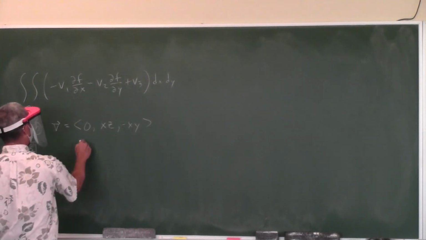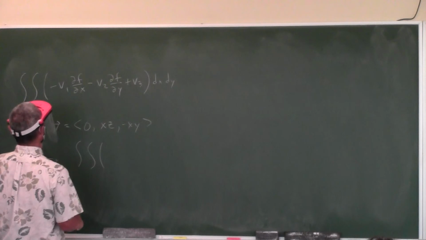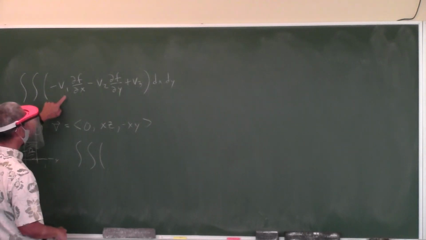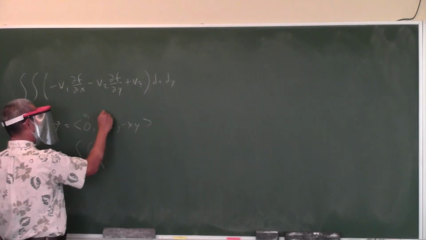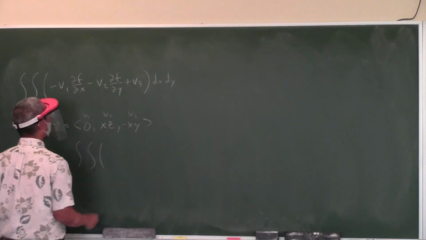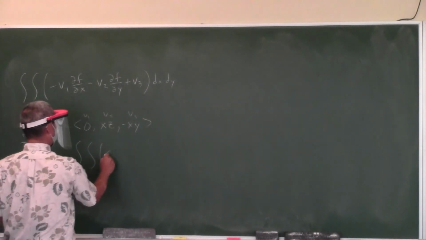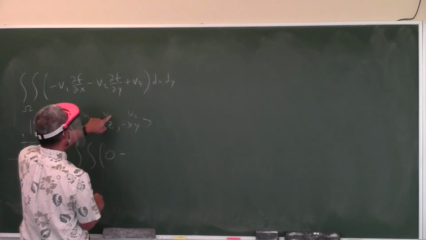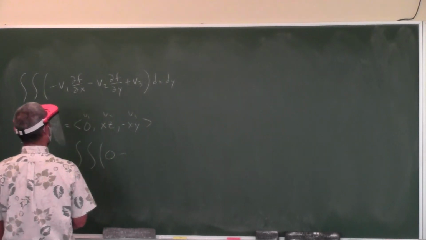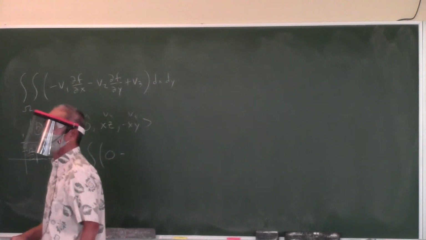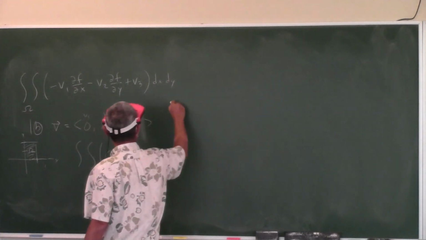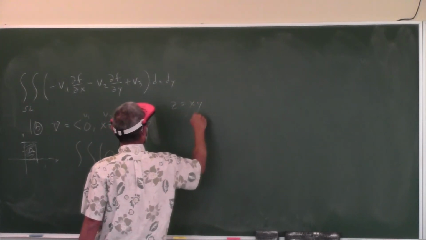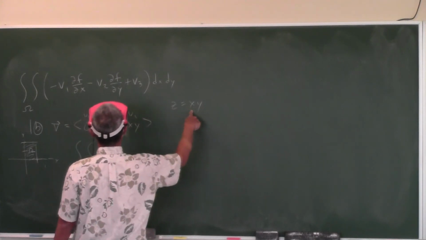So we have the double integral of, okay, what is negative V1? See, this is V1, V2, and V3 right there. So 0, minus V2 times the partial of f with respect to y. Where's f? z equals xy. So what's the partial of this with respect to y?